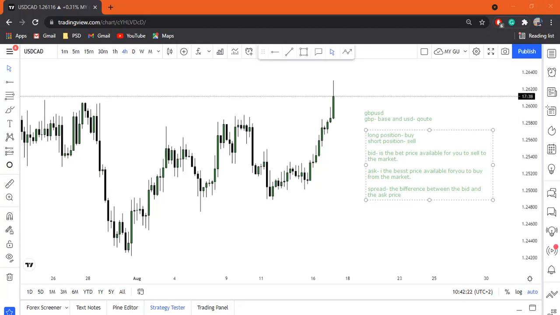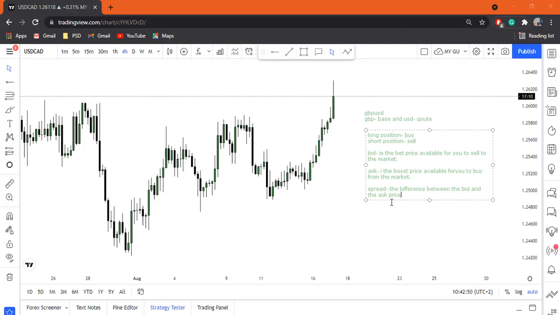So if you want to sell pound, let's say you sell it at 1.34, and on the other hand, let's say you want to buy pound, you buy it at, let's say, 1.3458.